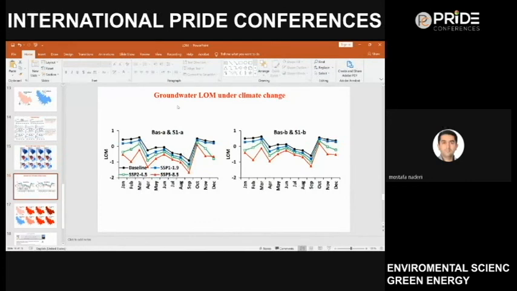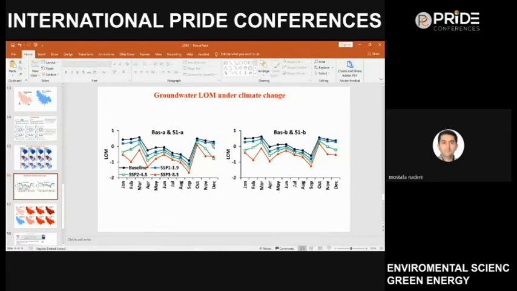And again, the groundwater LOM under climate change. This is the monthly LOM for groundwater. This line shows the monthly LOM under present time, and the blue, green, and red colors show the groundwater LOM under climate change, in which the red is for the worst case of climate change, and blue shows the best case.